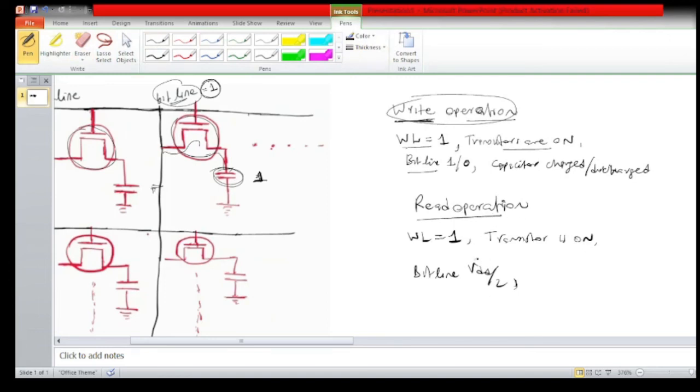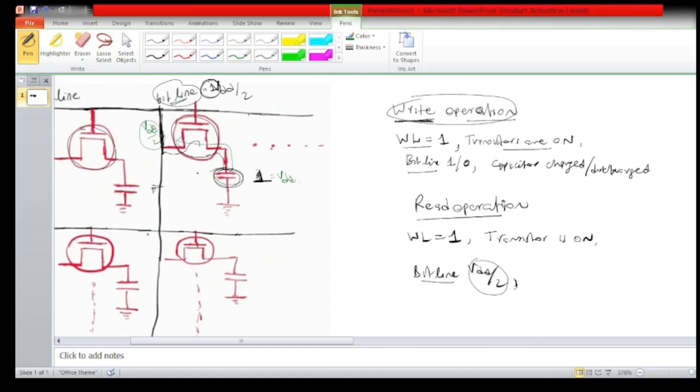If we consider the bit line equal to VDD by 2, which means we are considering the voltage as VDD by 2, and if this capacitor is fully charged now, that is in the state 1, which is VDD, then what will happen? This bit line is VDD by 2 now. So this capacitor will start to decrease its charge, because here it is low potential, here it is 1, which is VDD.